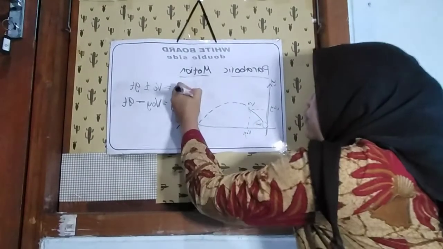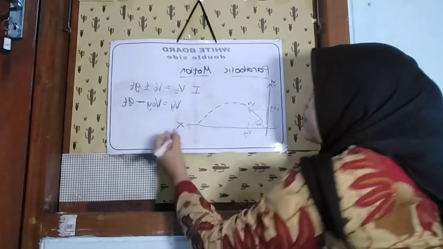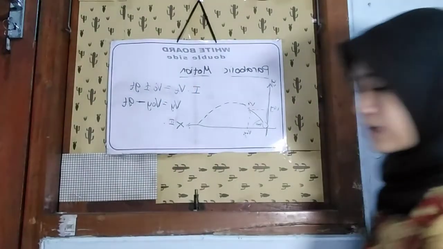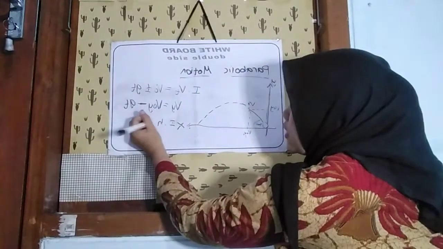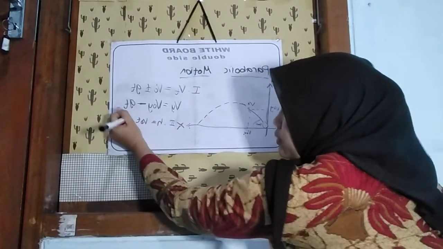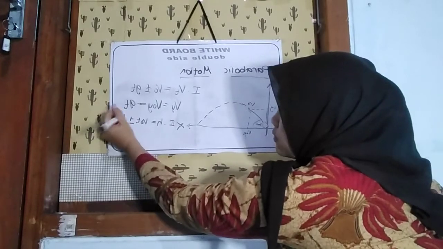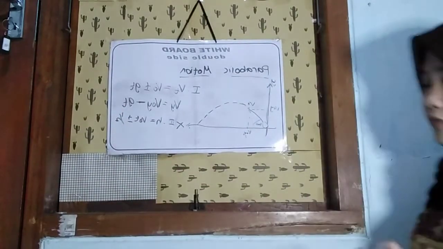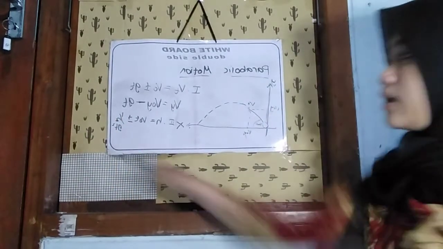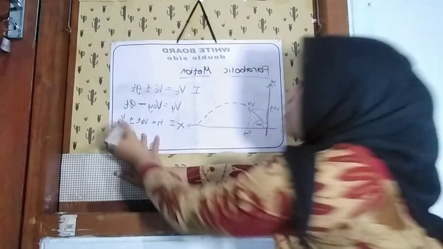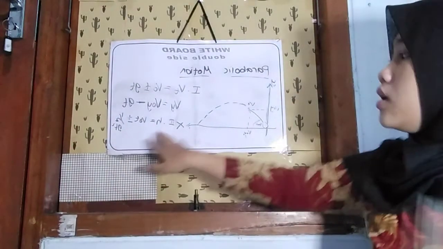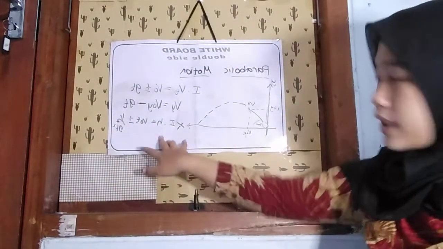And the second formula, for height: h equals V0 t plus or minus half g t squared.